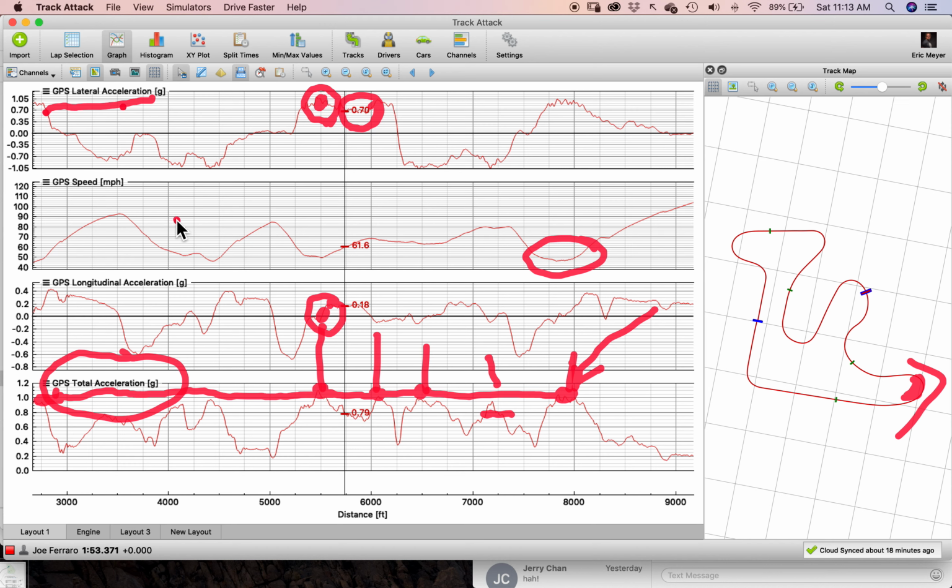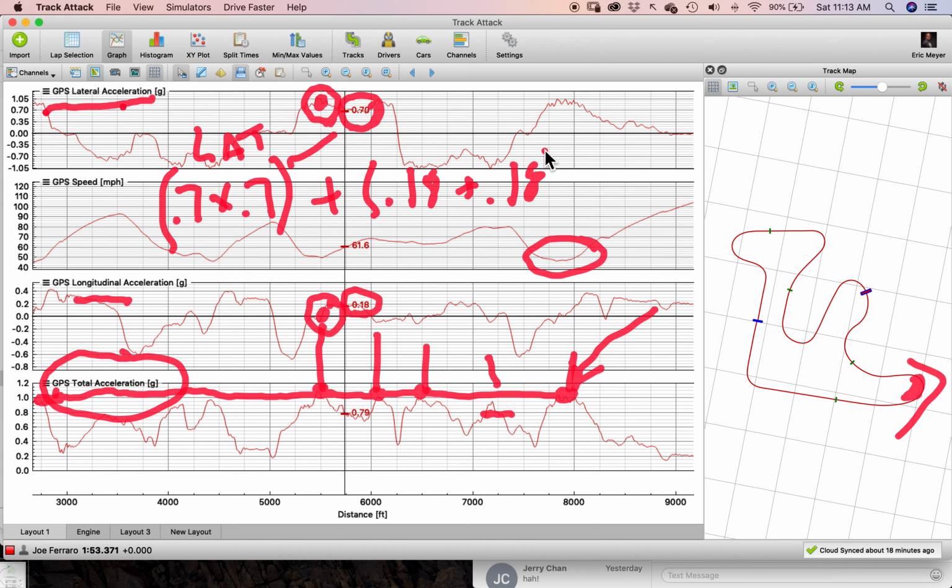So I'm going to do this, 0.7 times 0.7, all right, plus, that's the lat, plus this longitude value, which is right here, plus 0.18 times 0.18.